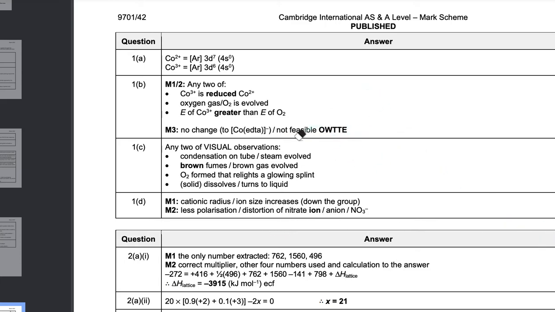All right, you need to memorize this. I can explain it to you in the next chapter, but you need to memorize these 2 points. They're pretty common and they're like free marks. Okay, so cationic radius increases down the group, and less polarization, distortion of nitrate ion.